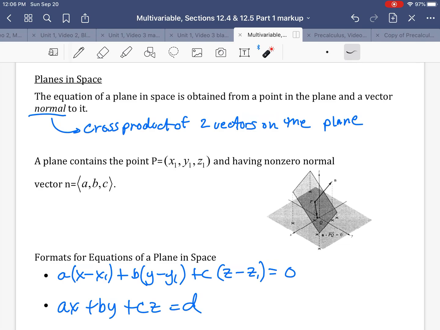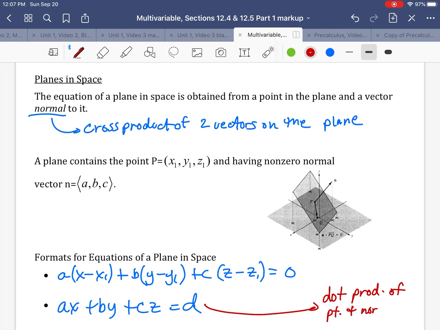What you're effectively doing is multiplying them, adding them up, and then putting them on the other side. So really you're just doing the dot product. This piece right here is a little quick way to do it. This d is just the dot product of the point and the normal vector.